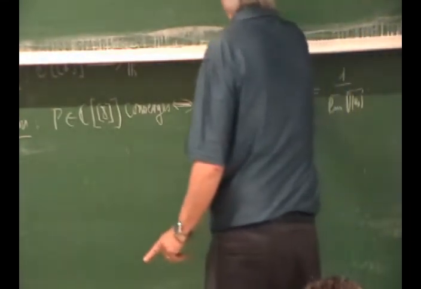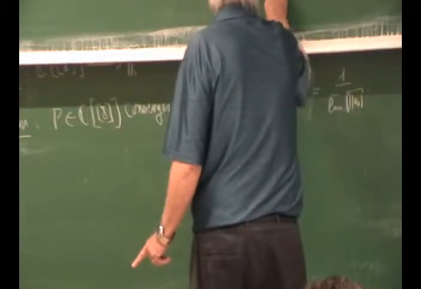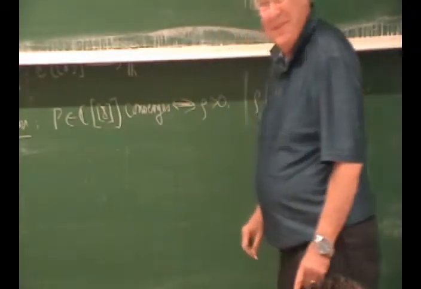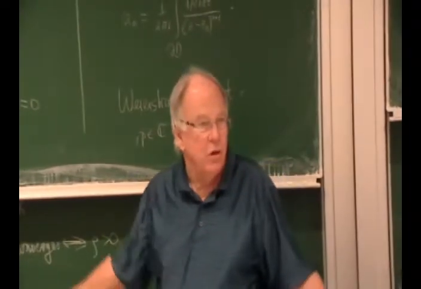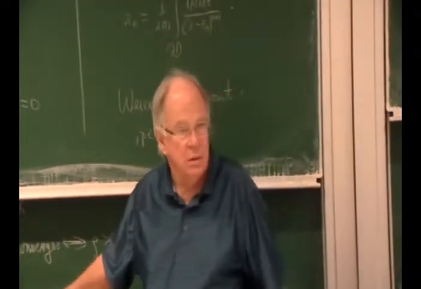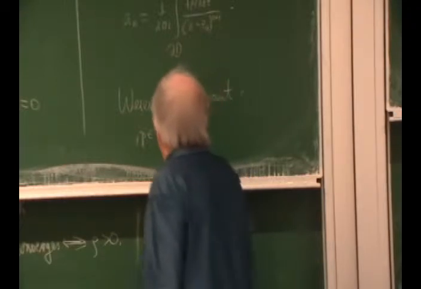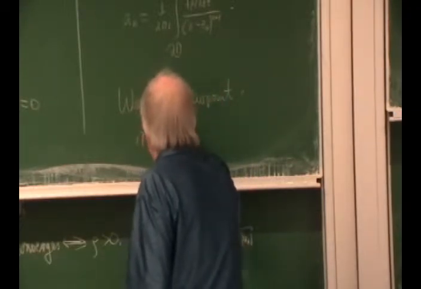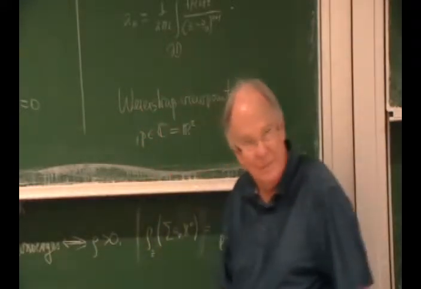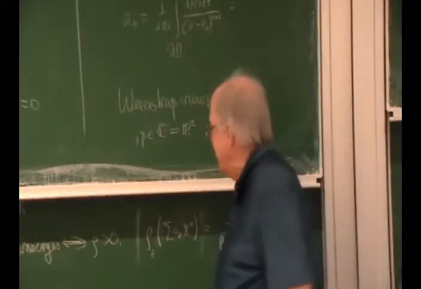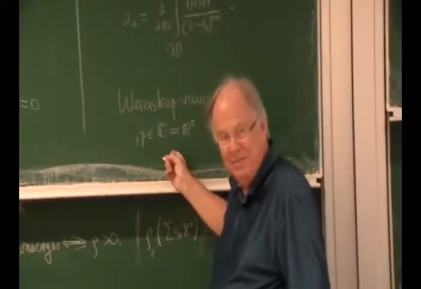I have a point P in the complex plane. First of all, I have no coordinates in that picture whatsoever. And now I say, well, I make the identification with R2. And how do I make that identification?